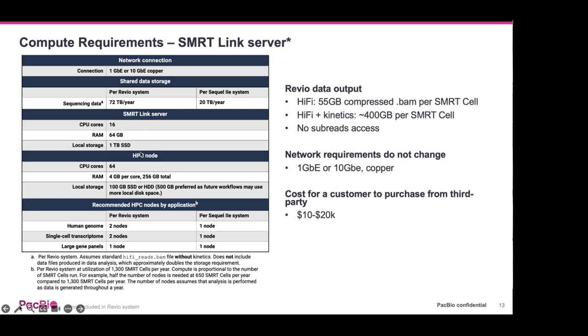Then for HPC, the high performance compute for doing the actual secondary analysis, you'll need for each node at least 64 CPU cores and 4 gigabytes of RAM per core, so 256 gigabytes total. This is the part that gets very expensive, along with the 100 gigabytes of SSD local storage for storing all the analysis results.